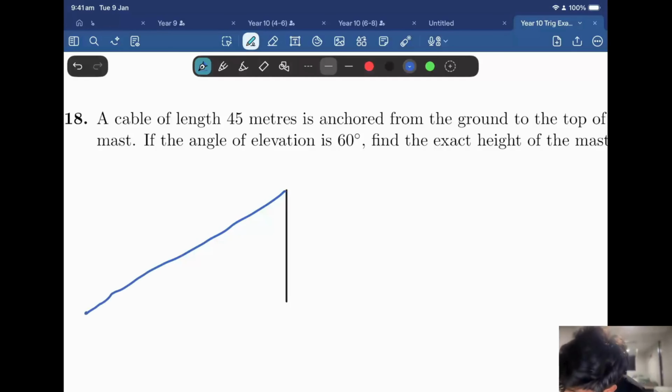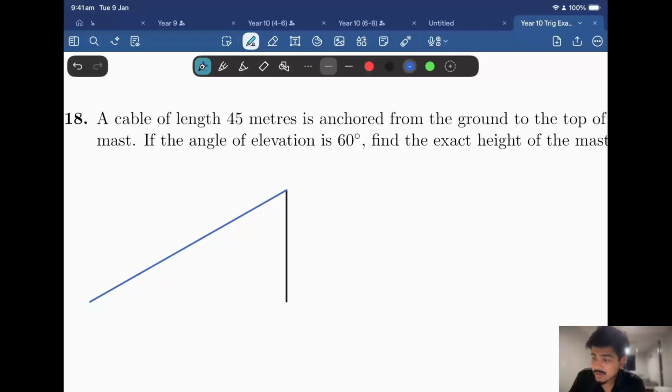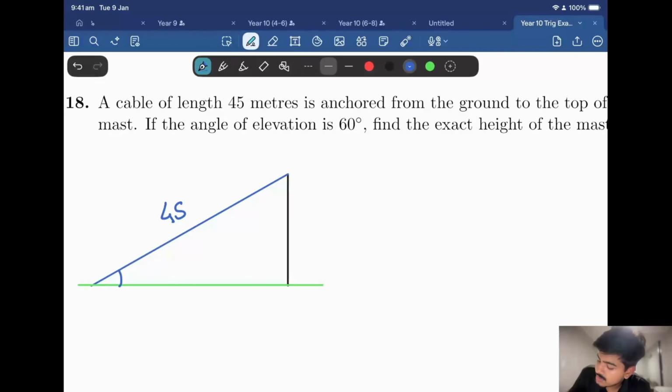I'll draw the ground as green, like the earth.